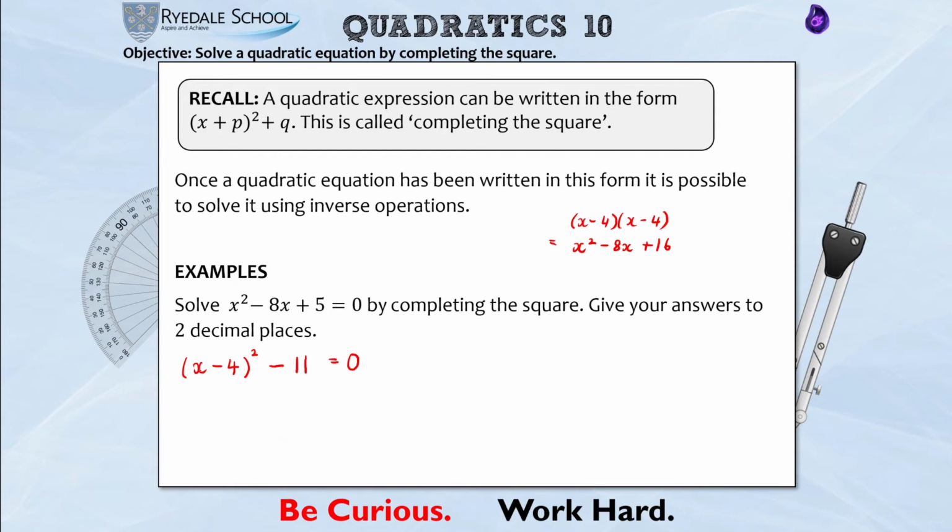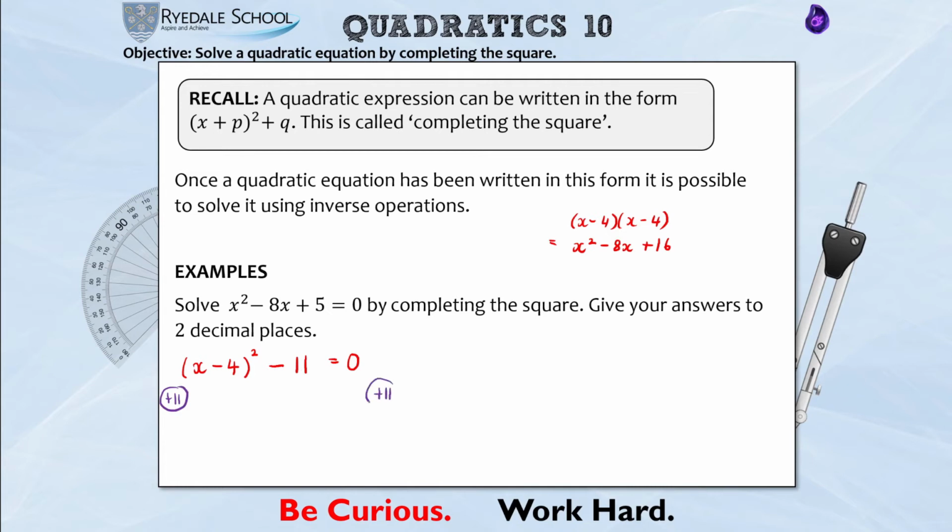Now I can use inverses to get x by itself. How would I do that? Well, I'm going to start by doing the inverse of take away 11, which is add 11. So I'm going to add 11 to both sides of my equation.